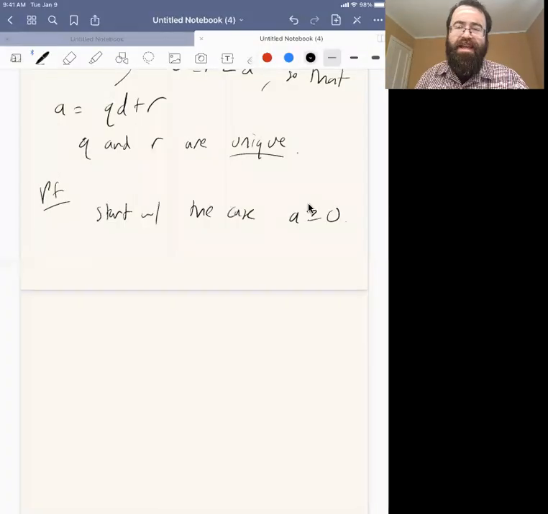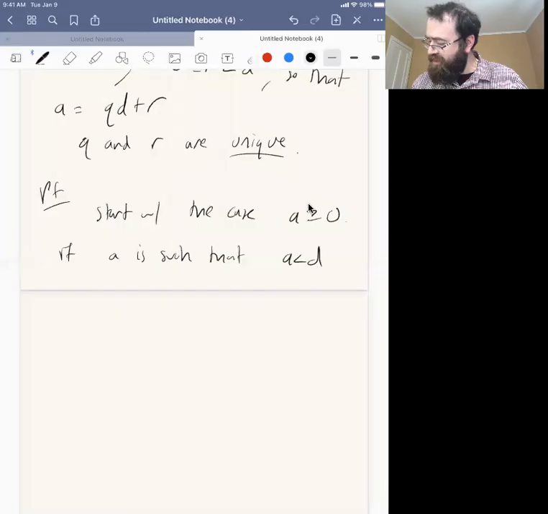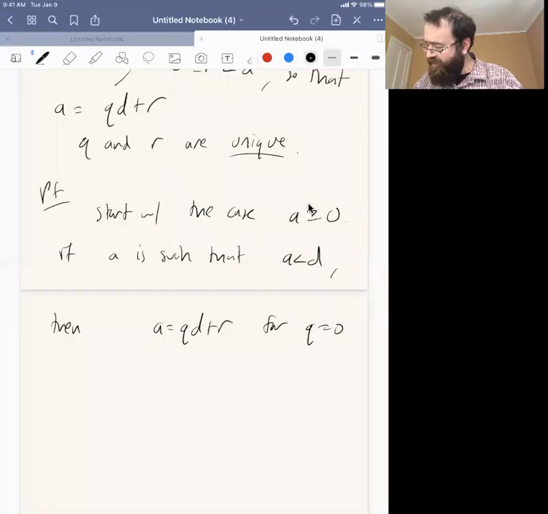Usually the base case would be a is 0, but in fact, I can take a less than d itself as a base case, because if a is less than d, then of course I can't divide d into it except by multiplying d by 0. So then a equals qd plus r, where q is 0 and r is a.